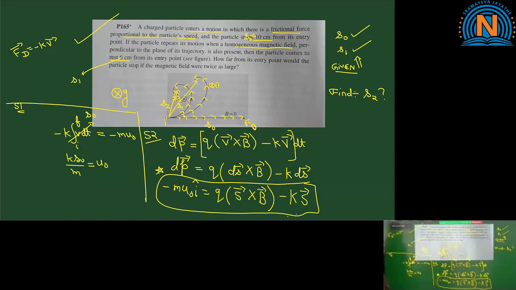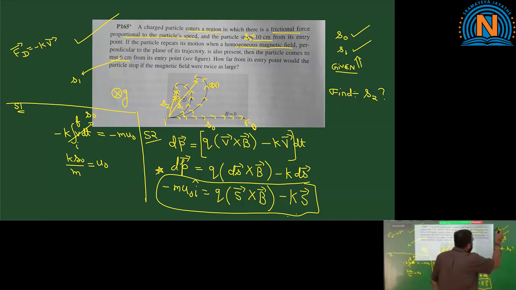The problem is, if now I start expressing all the terms in terms of i, j, k, and then start solving, it will be a very lengthy exercise, which is not required. Now comes the important point in this problem.